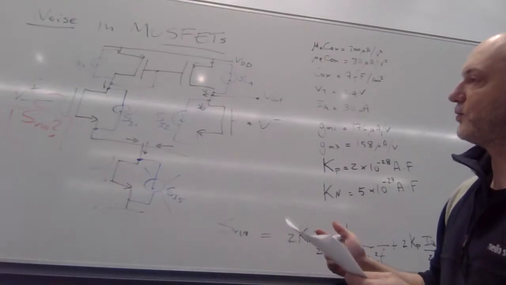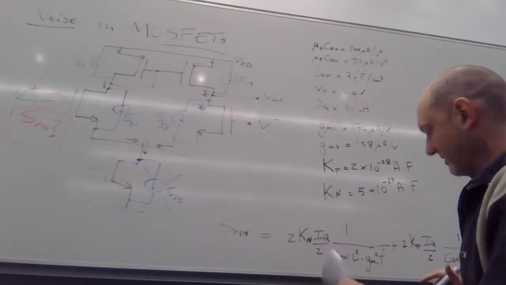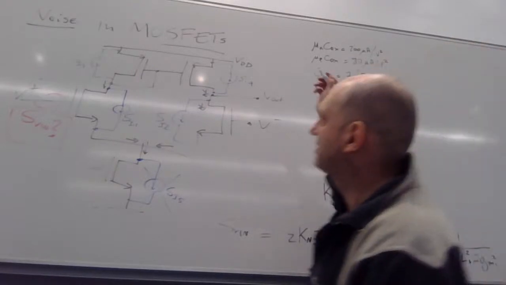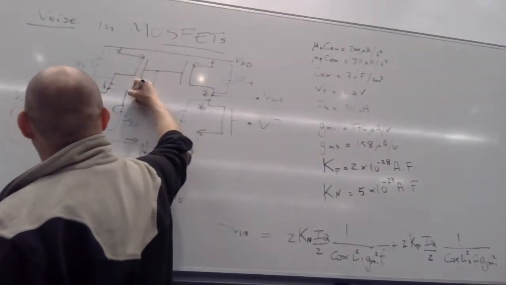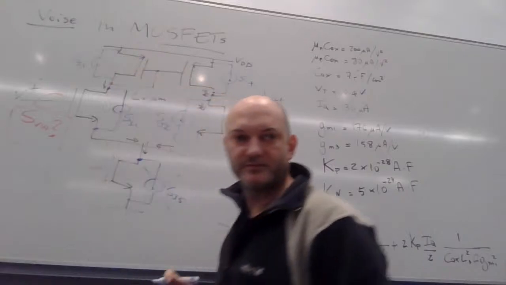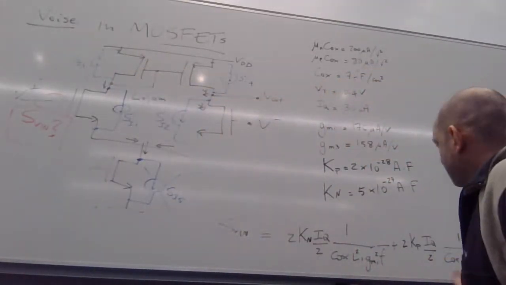L is 1 micron, both for p type and n type MOSFETs, for all MOSFETs.